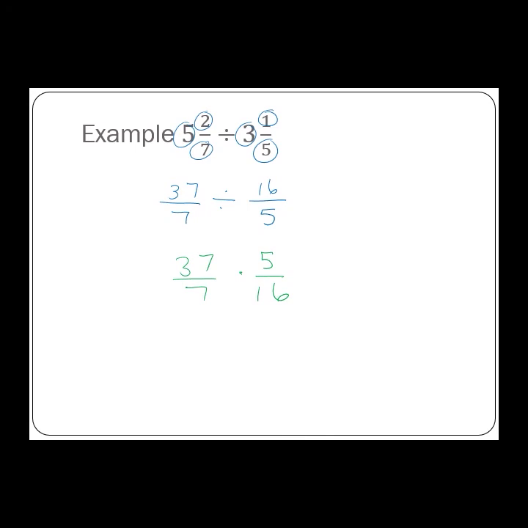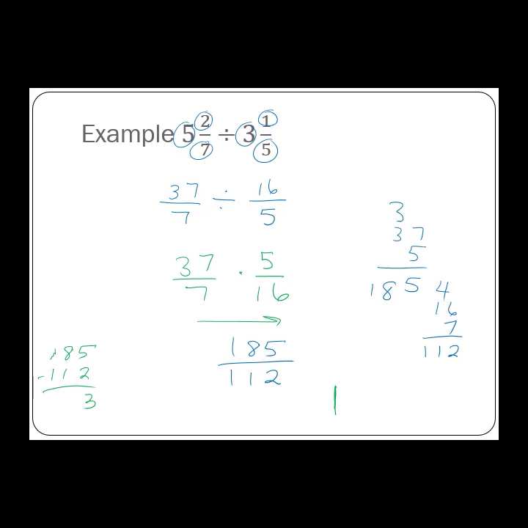I don't see any, so I'm going to multiply straight across. 37 times 5 is 185, and 16 times 7 is 112. And if I'm going to write this as a mixed number, 112 goes into 185 one time with 73 left over.